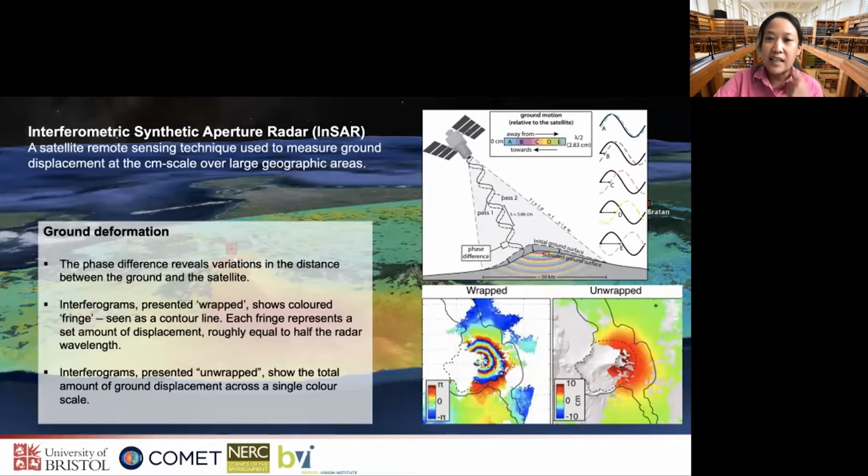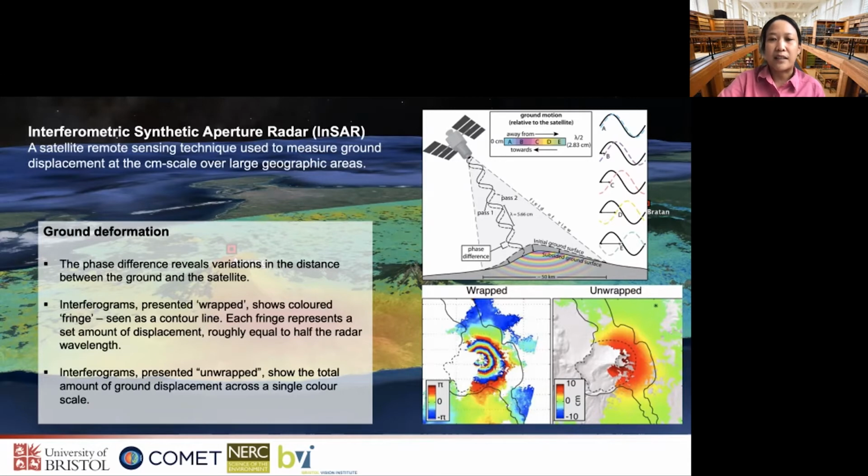InSAR is a technique using a radar signal sent from the same satellite at the same location but at different times. If the ground is stable, the return signal at time 2 should be the same as at time 1. But if the ground moves, the phase of the return signal at time 2 is different from time 1.